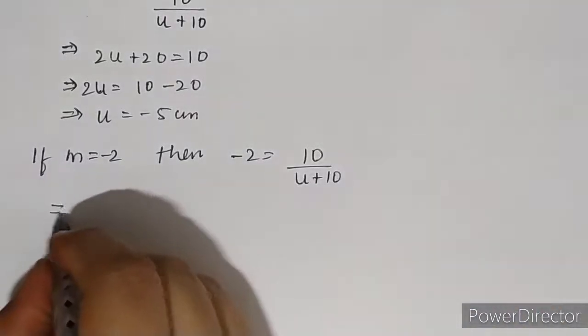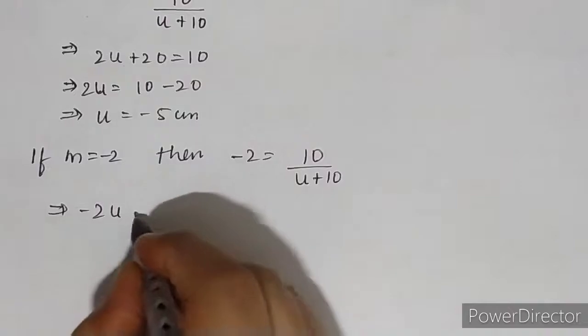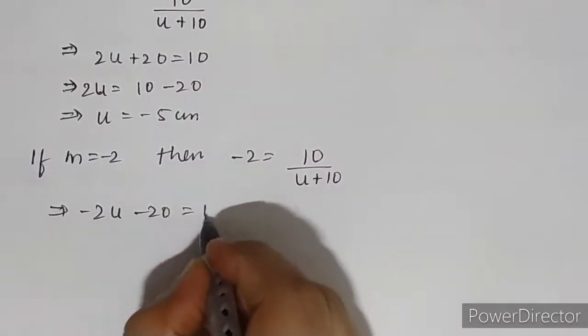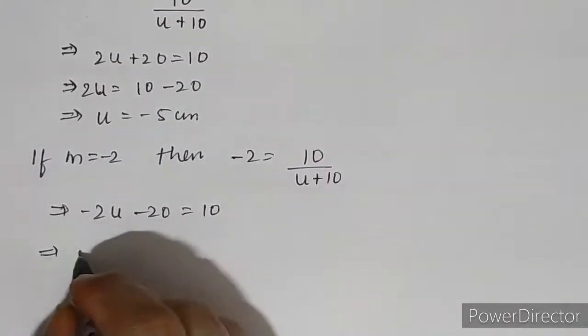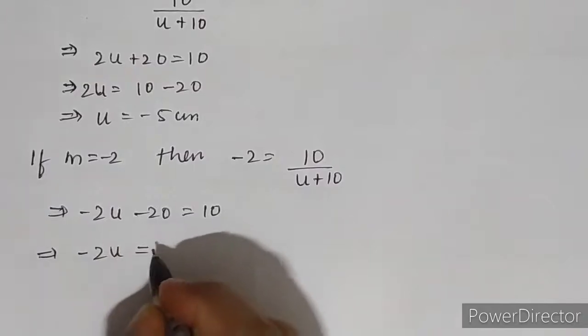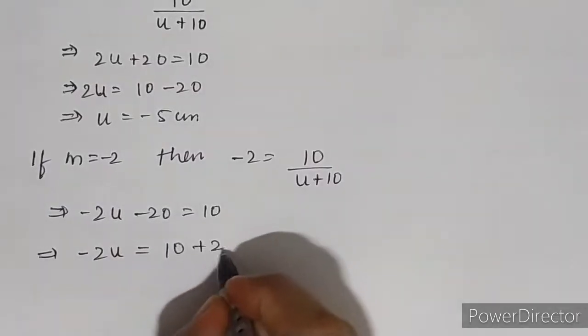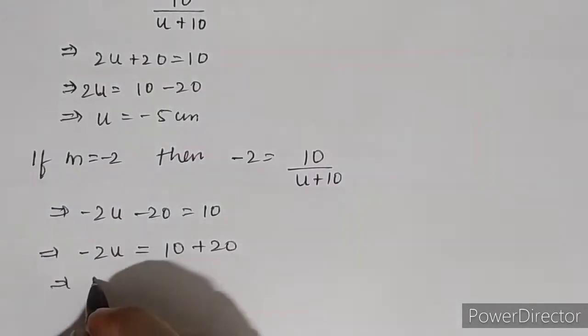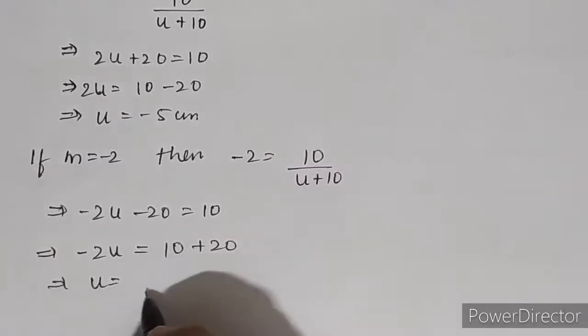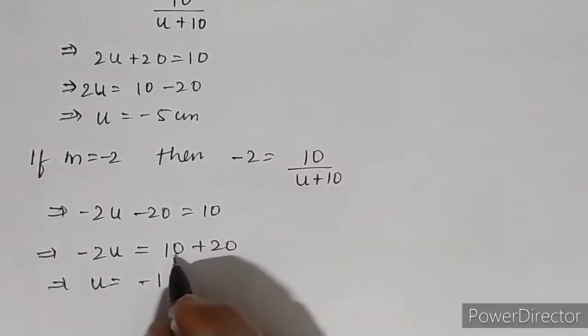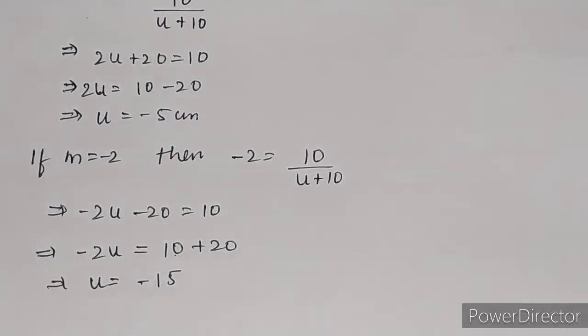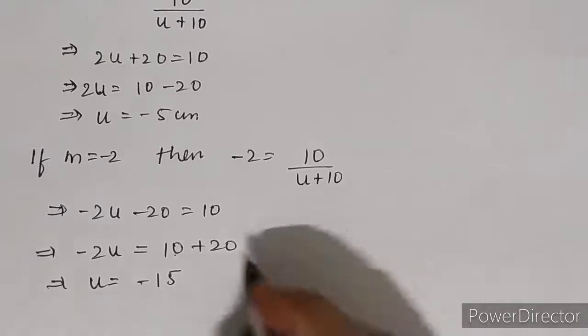It will be minus 2u minus 20 is equal to 10, minus 2u is equal to 10 plus 20, and u is equal to minus 30 upon 2, 15. Then also the value is coming like minus 15 centimeter.